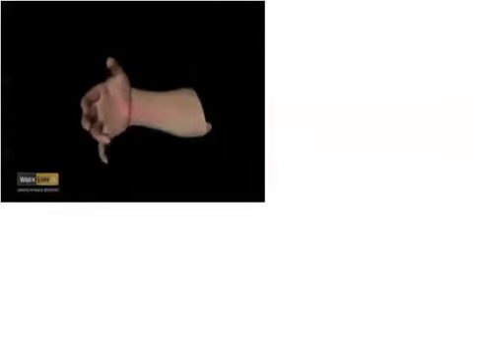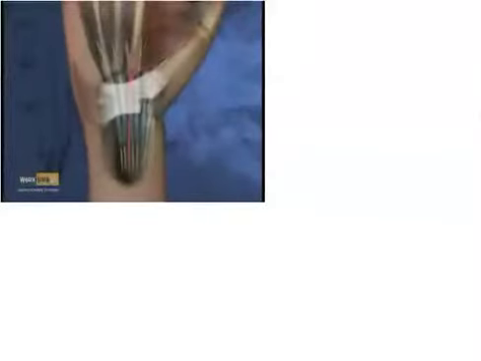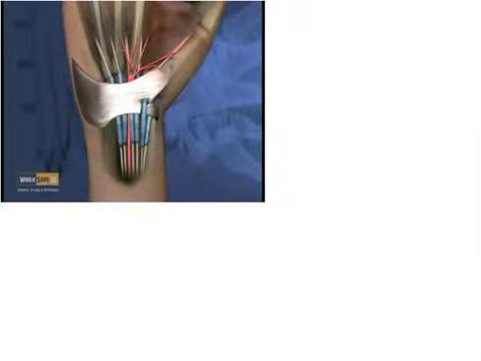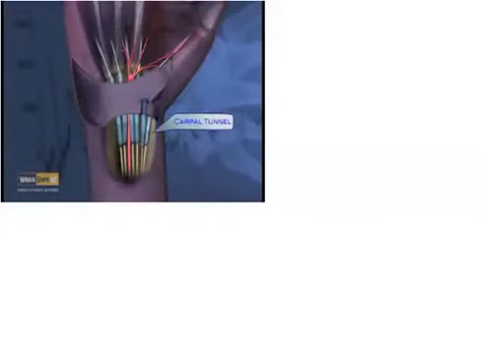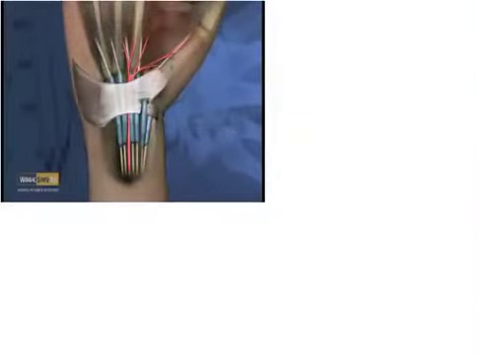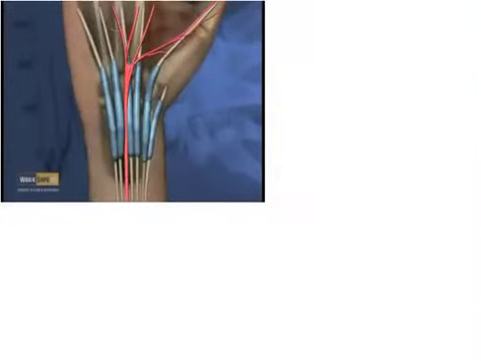To understand carpal tunnel syndrome, it helps to understand the anatomy of the wrist. The wrist contains tendons and nerves inside a narrow tunnel. This narrow tunnel, the carpal tunnel, has a fixed diameter. In carpal tunnel syndrome, symptoms occur when there is pressure on the median nerve.